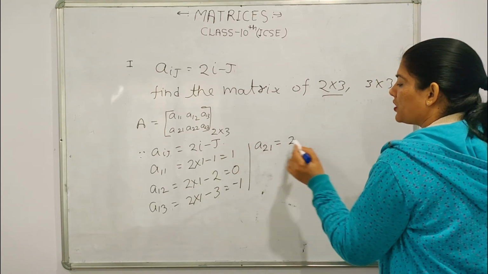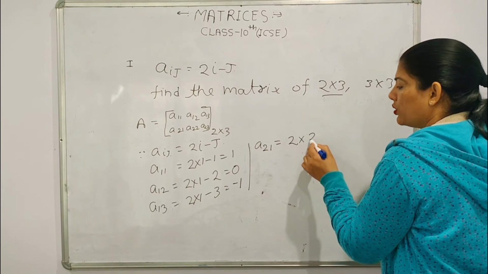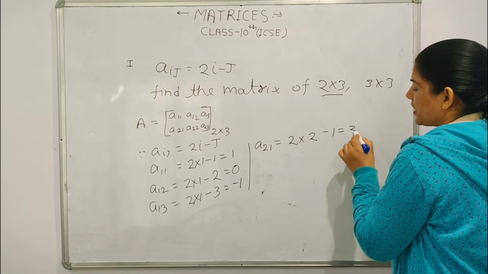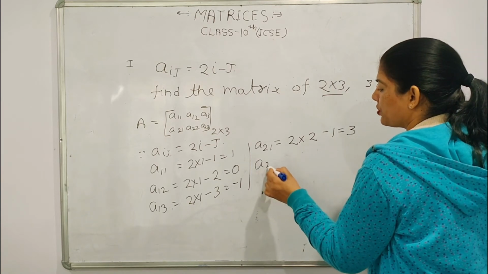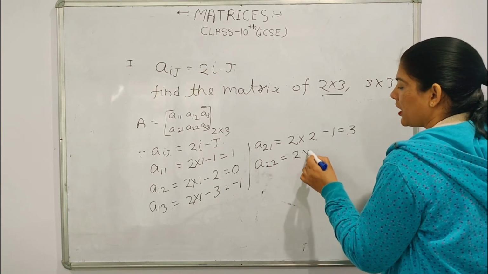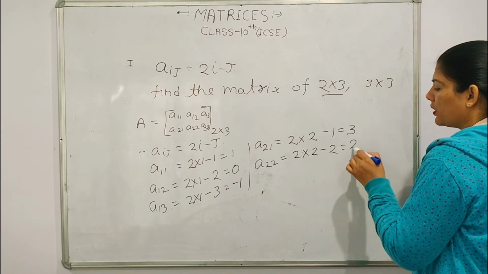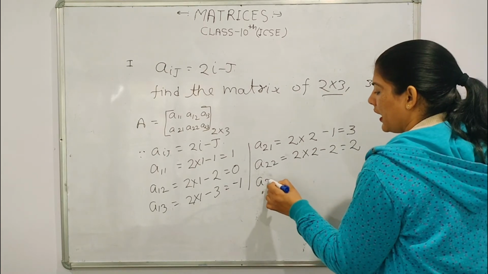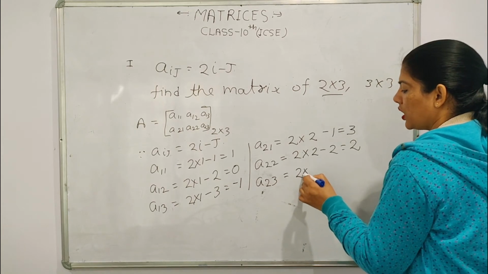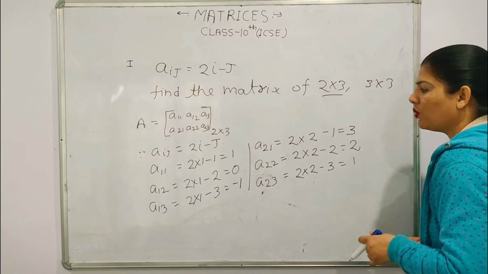So A21 is equal to 2 into 2, because i is equal to 2, minus 1. It gives you 3. A22, you have to place 2 and 2 in place of i and j both. It gives you 2 2s are 4 minus 2 equals 2. And A23 is equal to 2 into 2 minus 3, that is equal to 1.